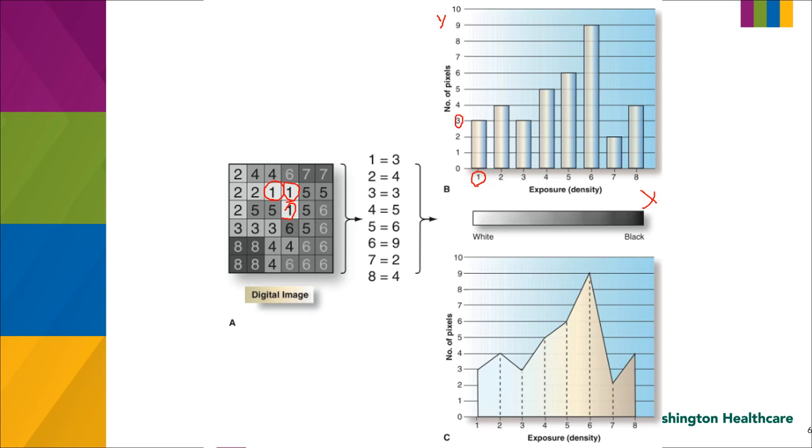And then if we go over here to number 4, we would have a different number, of course. We have 1, 2, 3, 4, 5 pixels that are that color. And so we go up and we find that there are 5 pixels that have a value of 4 of exposure. So after that's completed, it's all graphed together and it creates a histogram.